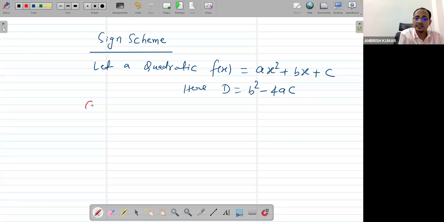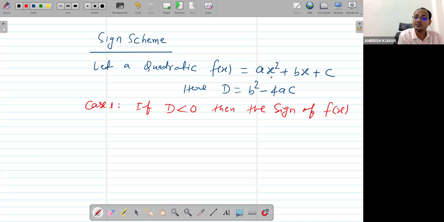So the first case says that if the value of D is negative, less than 0, then the sign of f(x), meaning the complete quadratic, is the same as the sign of a.